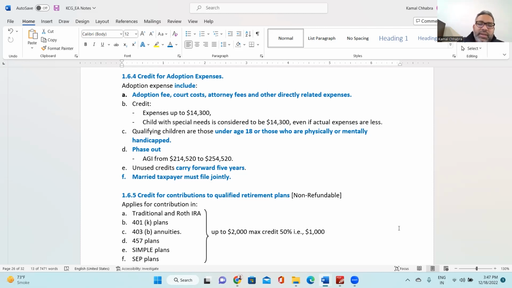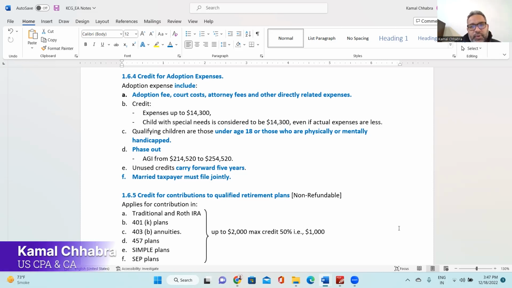An unused credit can be carried forward for 5 years. So for example, in the current year, let's say your tax liability comes out to be $10,000 and you have adopted a child who is physically or mentally handicapped. So you'll get the $14,300 credit straightforward, right?